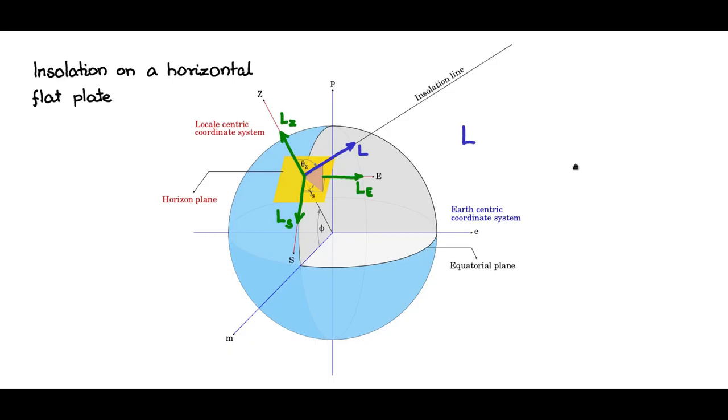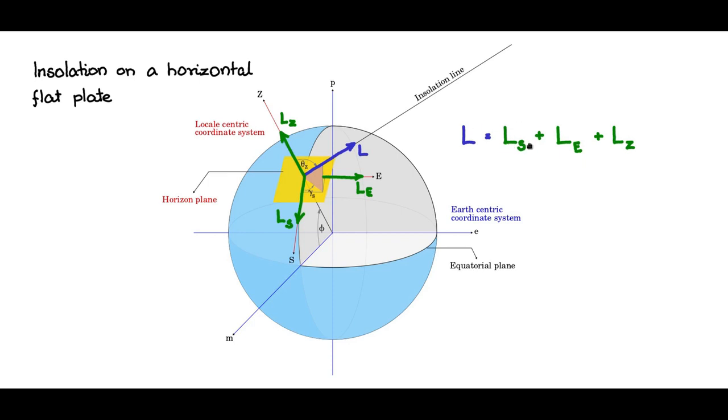Now we know that L is the vectorial sum of Ls plus Le and Lz. So they vectorially add up to give you the insolation coming from the sun.